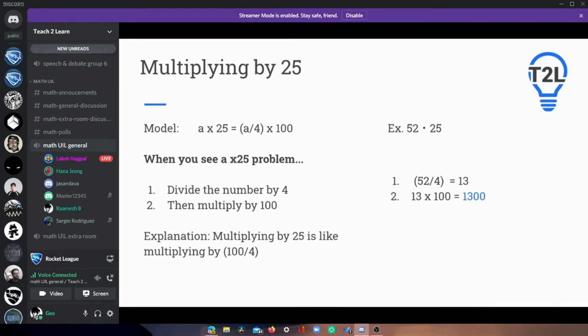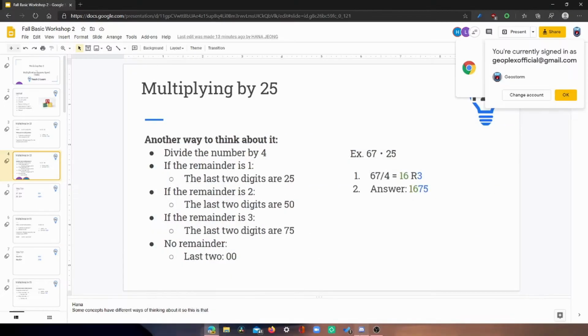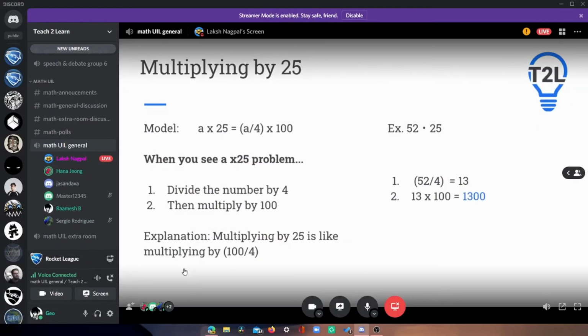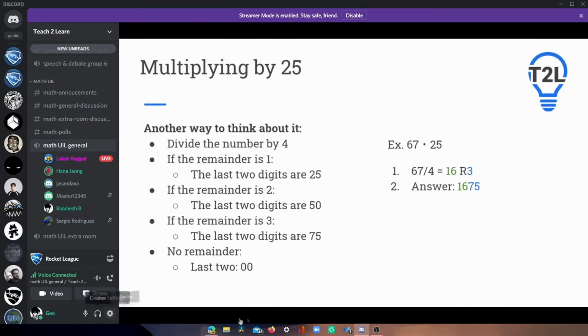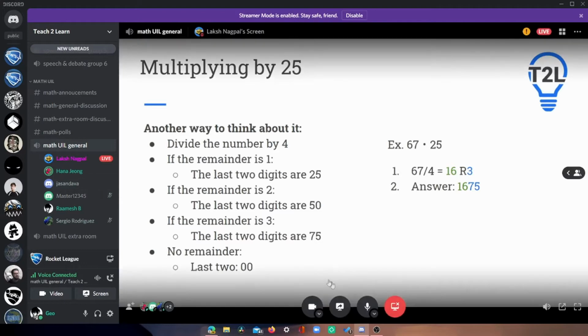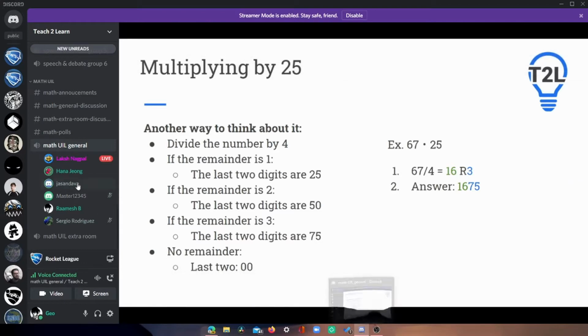If the remainder is 3, the last two digits will be 75. If there's no remainder, the last two will just be zeros. In the example 67 times 25, 67 divided by 4 is 16 with a remainder of 3. If there's a remainder of 3, the last two digits will be 75, so you smush them together and the answer will be 1675.